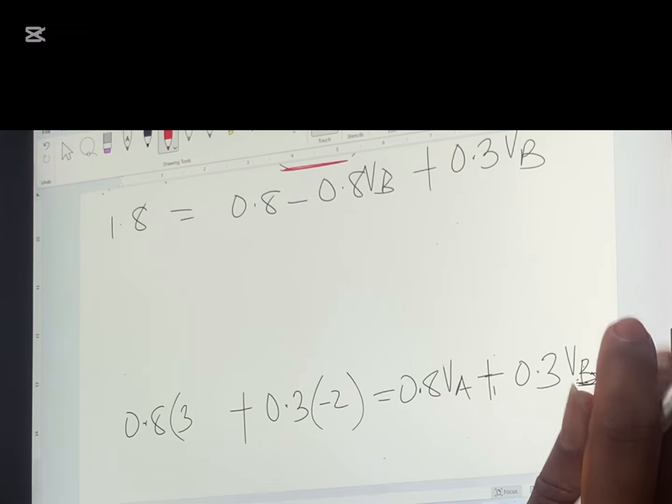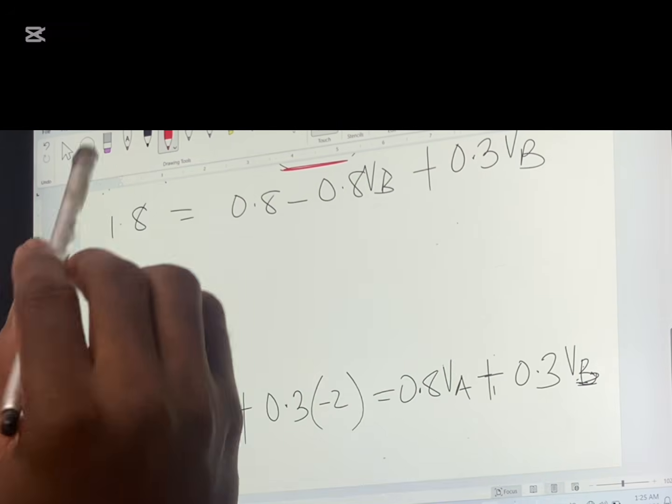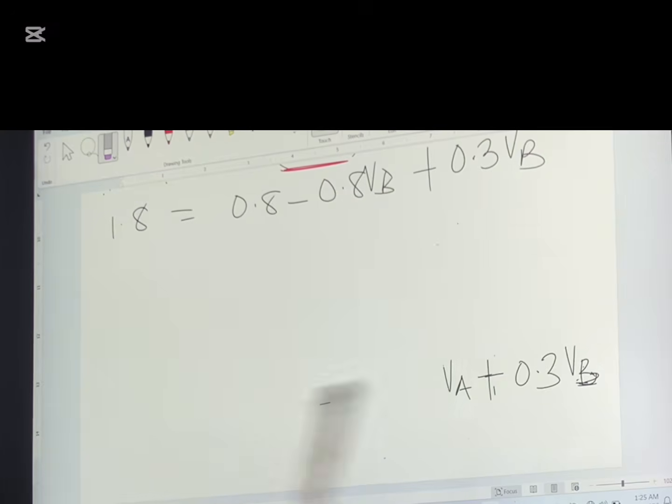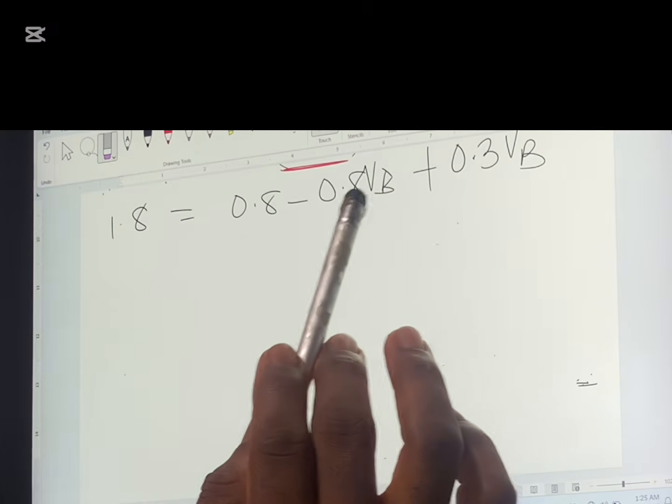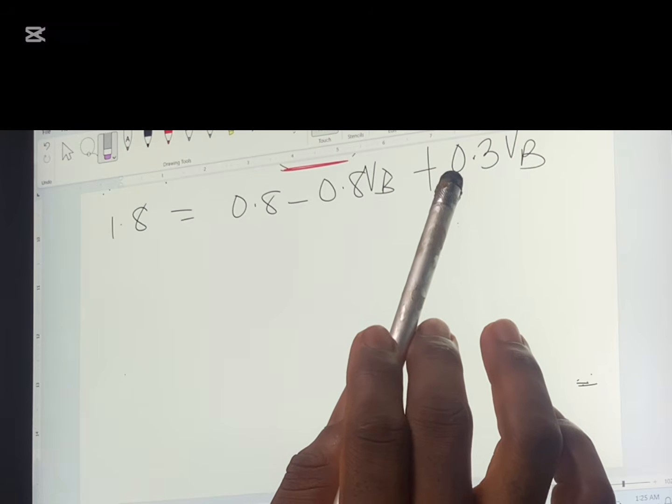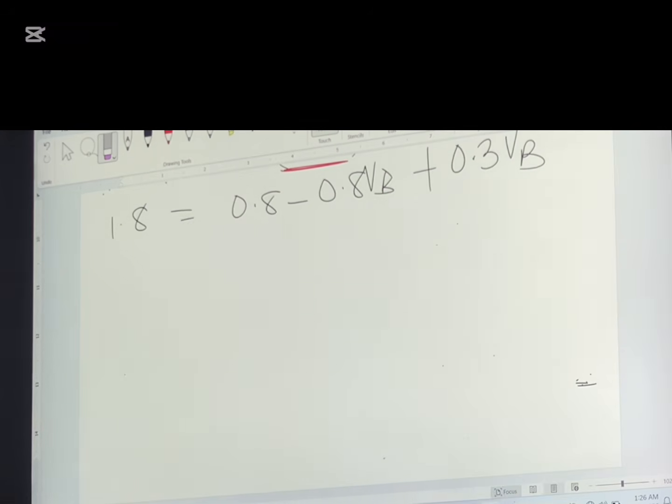Sorry for that mistake, okay? So I will have 1.8 equal to 0.8 minus 0.8 VB plus 0.3 VB.